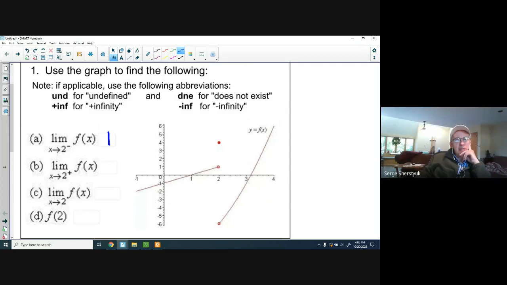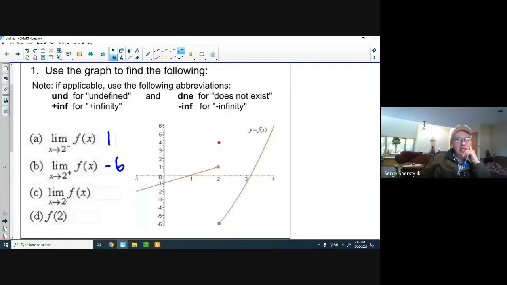Now I'm doing the same thing, but coming from the positive direction. As x goes this direction, the y values go down, down, down, and it looks like their destination is -6, even though it's an open circle. It's okay, -6.